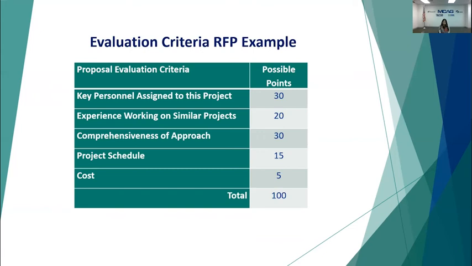Then the comprehensiveness of the approach the firm was taking to accomplish the work we requested. Sometimes the project schedule, when we are going to receive the work product, is very important to us. So if it is, then we put that in the criteria, and then we put the cost. You'll see there in the order of importance, that cost is at the bottom. It's a factor, but not the determining factor.